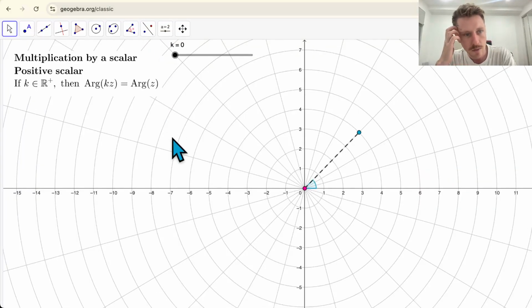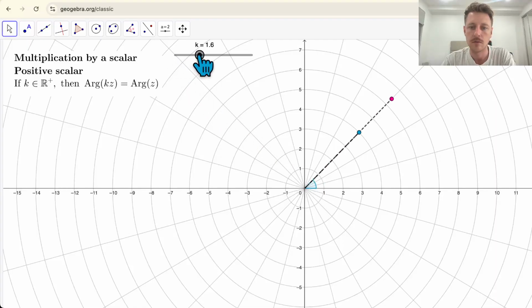So the next thing is when we're multiplying by a scalar. So we've got our complex number. Here it is. And let's say we want to multiply that by a scalar, some scalar k, an element of the real positive numbers. All we're going to say is that the argument doesn't change. Now remember, the argument's basically just this angle in here.